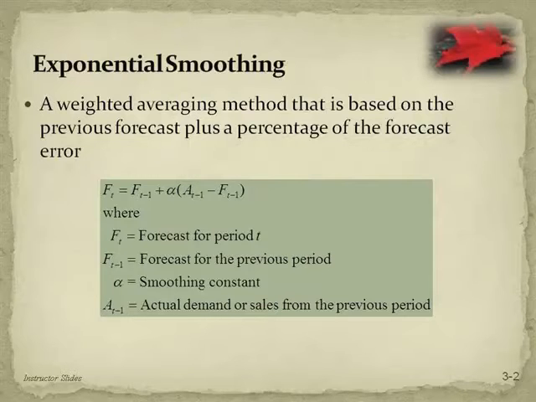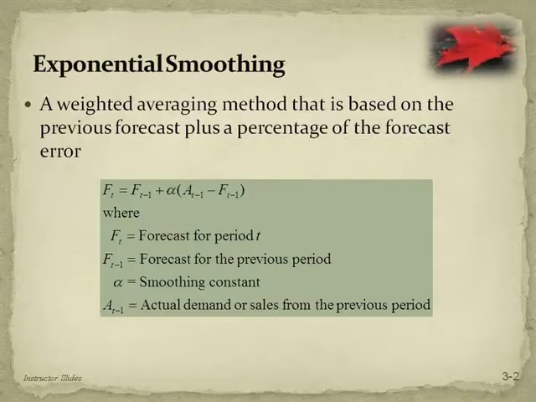Now, alpha, by definition, is a value between 0 and 1. Alpha can be a number between 0 and 1. It can be 0, and it can be 1, and it can be anything between 0 and 1.